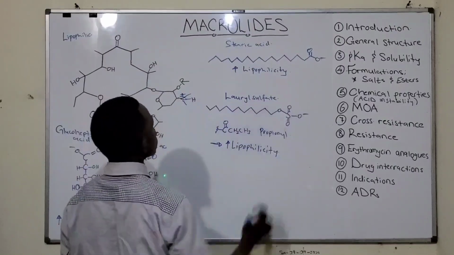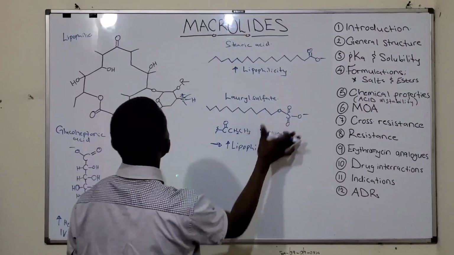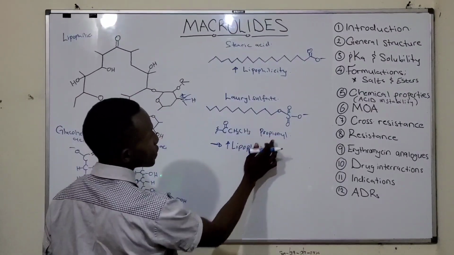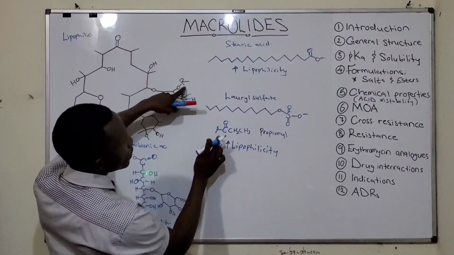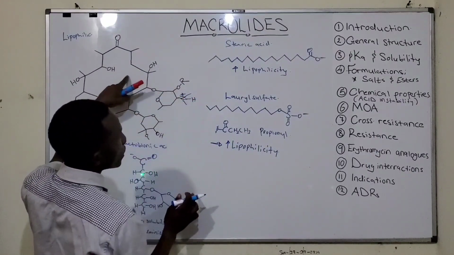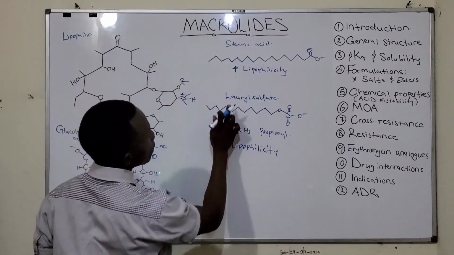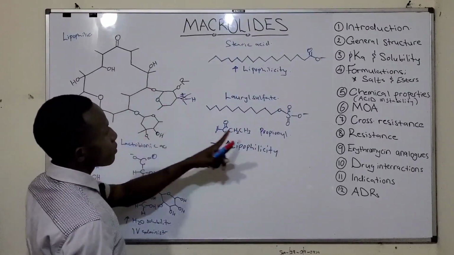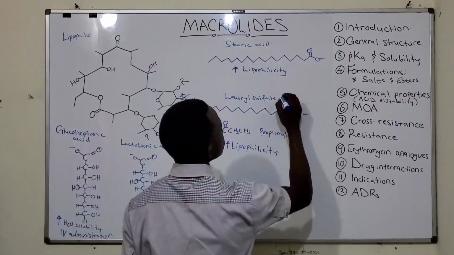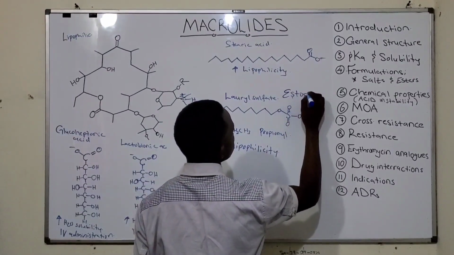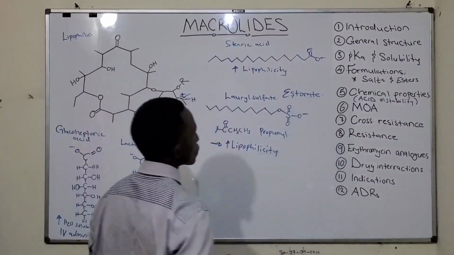For lauryl sulfate, the salt is formed between lauryl sulfate and erythromycin propionyl ester. When this R group is the propionyl group, this is the ester of the erythromycin. Now, when we form a salt of lauryl sulfate and erythromycin propionyl ester, it is called the esterate salt.